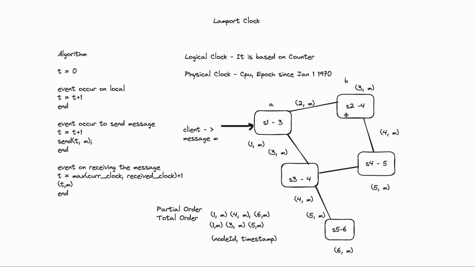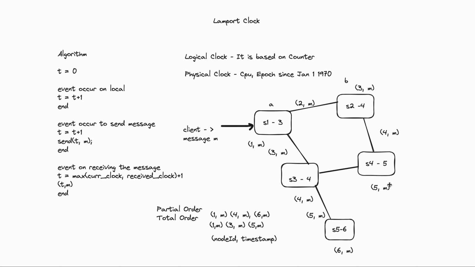So we can use it for ordering. If event A happened before B, we can say that A happened before B, and it's called partial order. This partial order happens-before relationship can be maintained here, but with the counter in the Lamport clock alone, we cannot say whether the two events that happened are concurrent or causal. Causal means whether it happened before or whether it is concurrent.